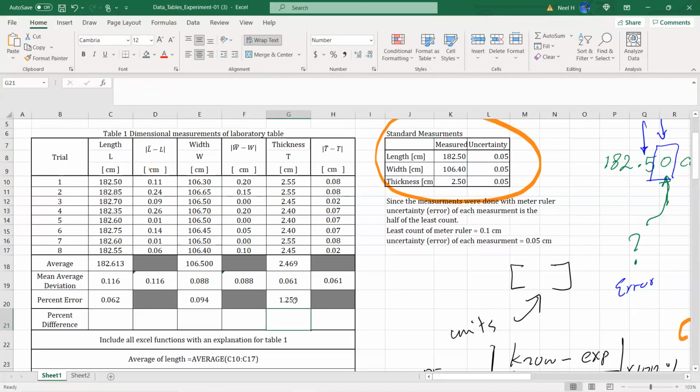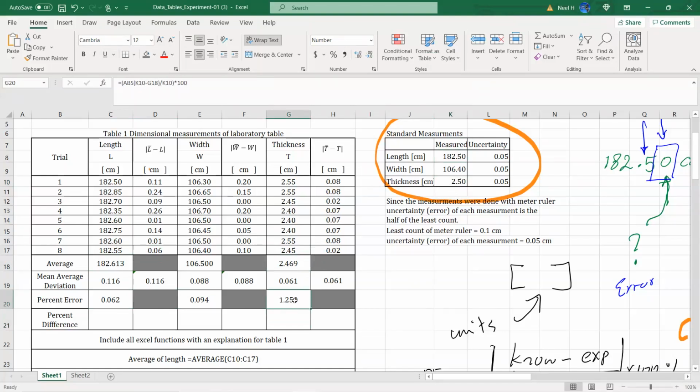That's a little bit larger because if you look at the two numbers, the difference is down to the first decimal place. This is a small number, that's why the error is a little higher. But when the number is larger, a first decimal place error is actually not important. You can see the difference by looking at the PE of length and width compared to the thickness.